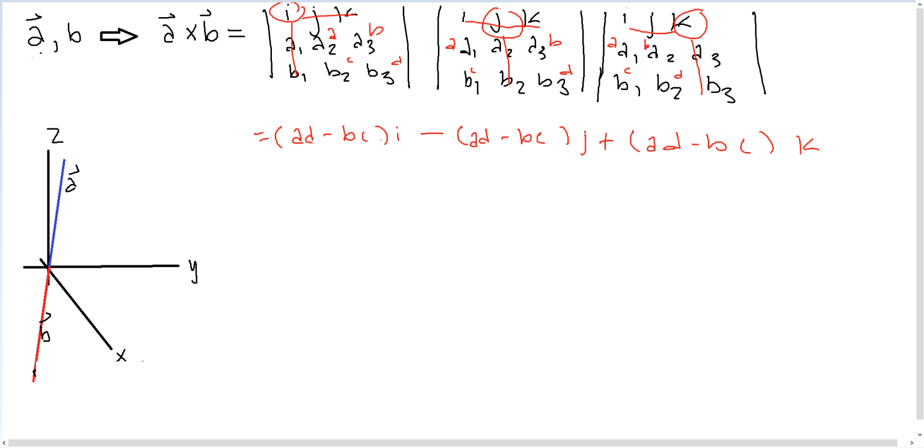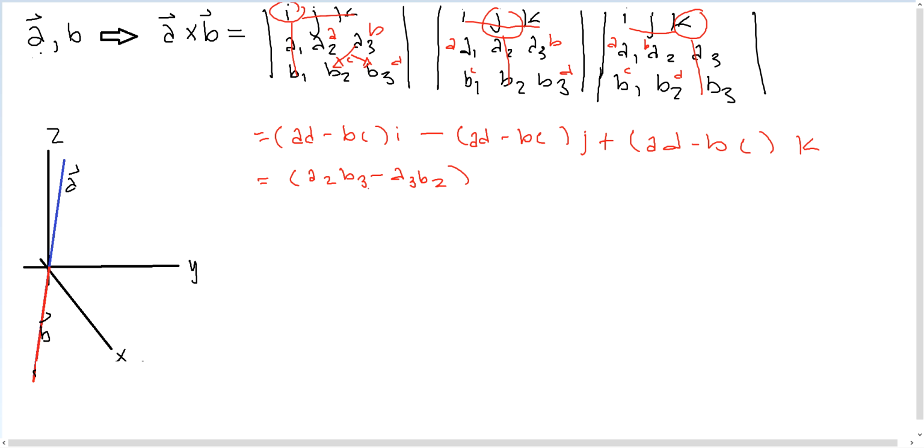So for our first component, I, we are going to do A times D minus B times C. And it is important that you do it this exact way. You have to do AD minus BC, otherwise you will not get the answer you are supposed to get.